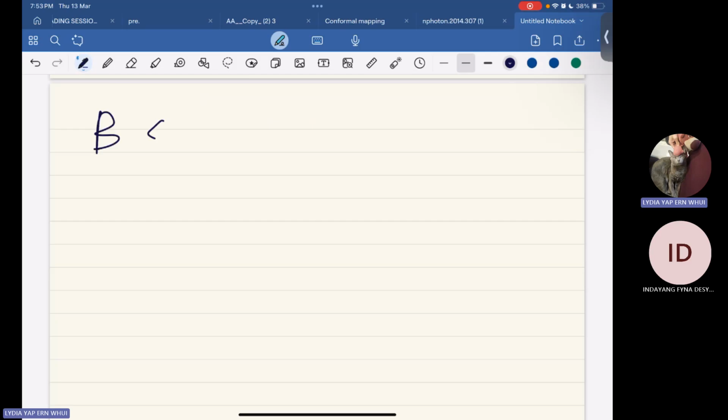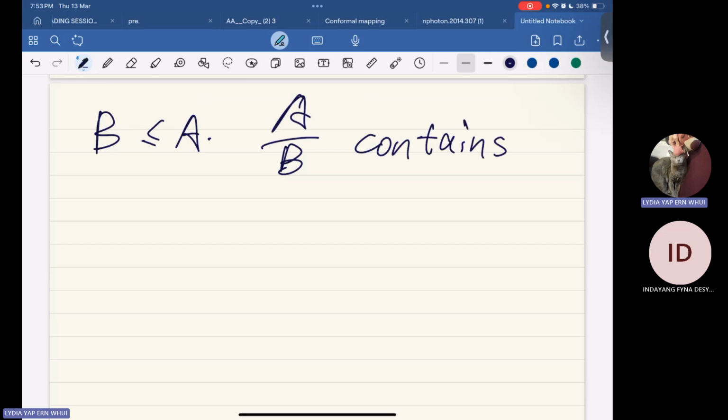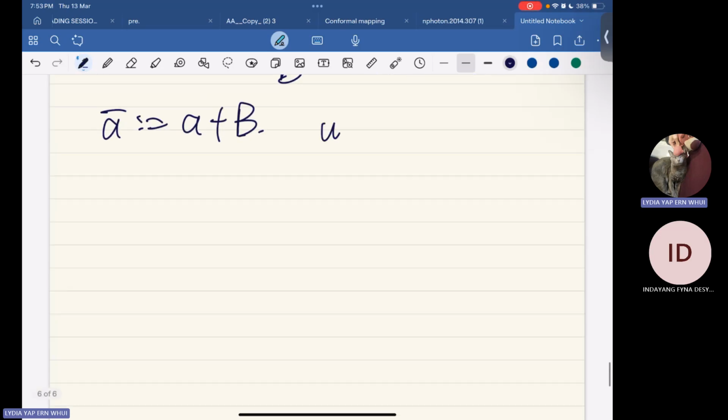If B is a submodule of A, which is actually just B a subgroup of A if we consider it as a group and ignore the ring there, then our quotient module contains all of these cosets.